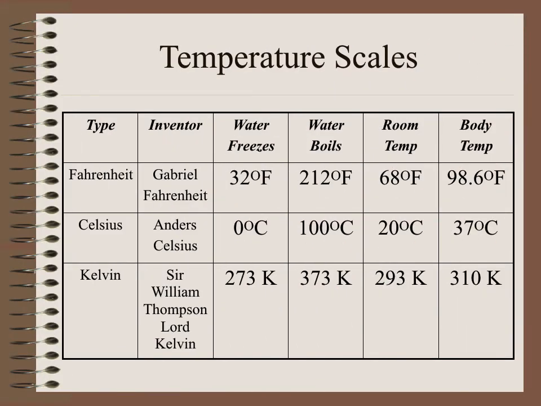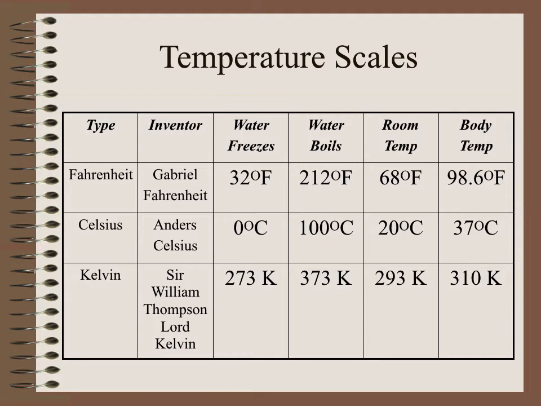Now here are the temperature scales that are most common. We have the Fahrenheit temperature scale, which is used in the United States, the Celsius temperature scale, which is used everywhere else in the world, and then the Kelvin scale, which is used in science.